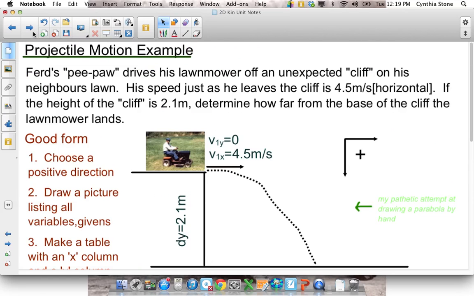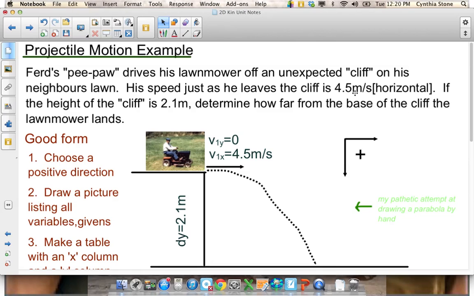Okay. So the example I'm going to show you is the easy example, and you definitely did this in the grade 11 course. We're saying Peepaw here is driving his lawnmower on his neighbor's lawn, and he hits a little cliff, and he falls over a 2.1 meter cliff. Let's imagine he lands on his lawnmower still driving, and he doesn't fall off, and he doesn't tip. So his speed, just as he leaves the cliff, is 4.5 meters per second.